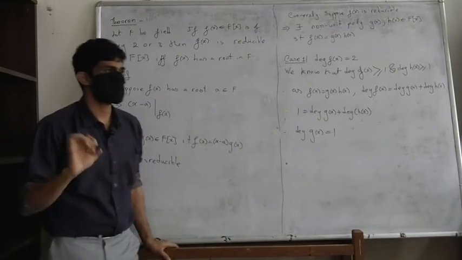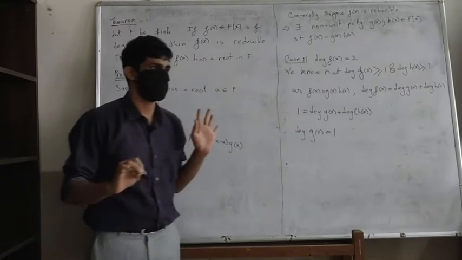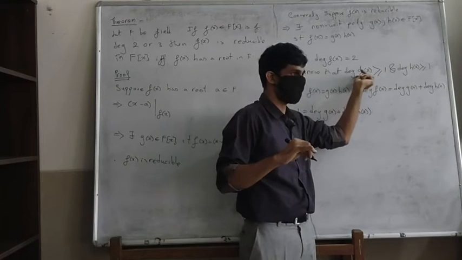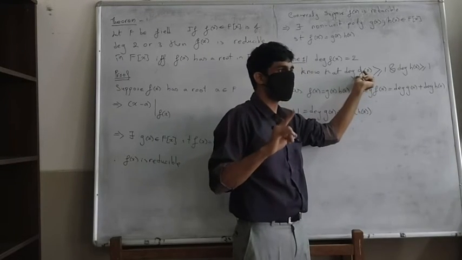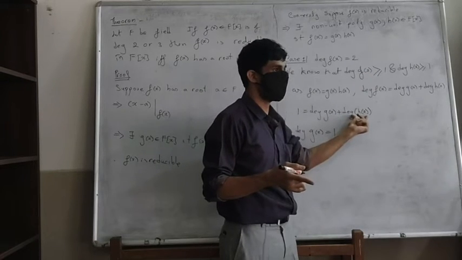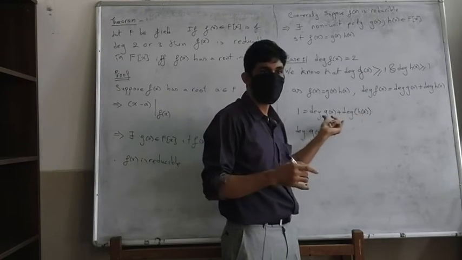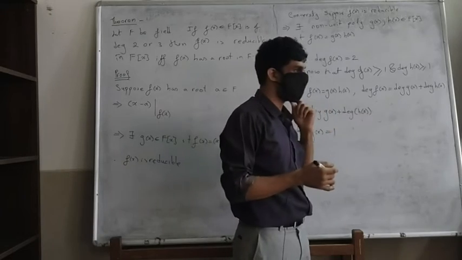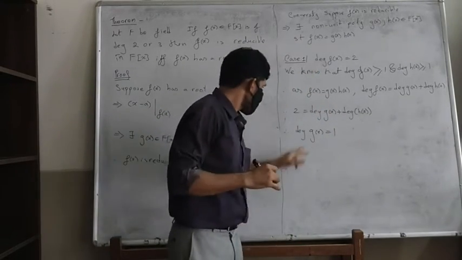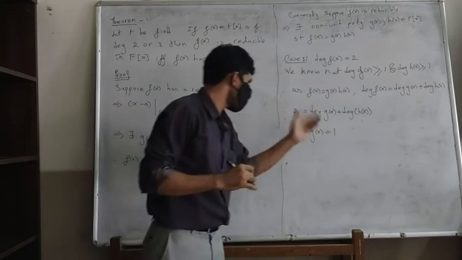Because if the degree of g of x is strictly greater than 1, this will be strictly greater than 1, right? Because this is greater than or equal to 1. Take a number greater than or equal to 1, add something which is strictly greater than 1 to it. Sorry, 2. Right? So therefore the degree of g of x should be 1.